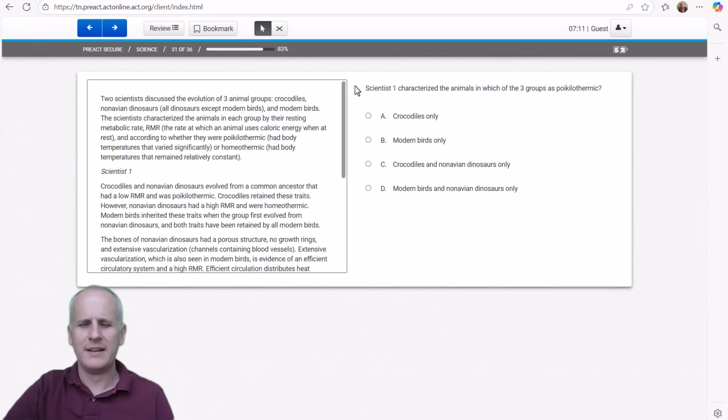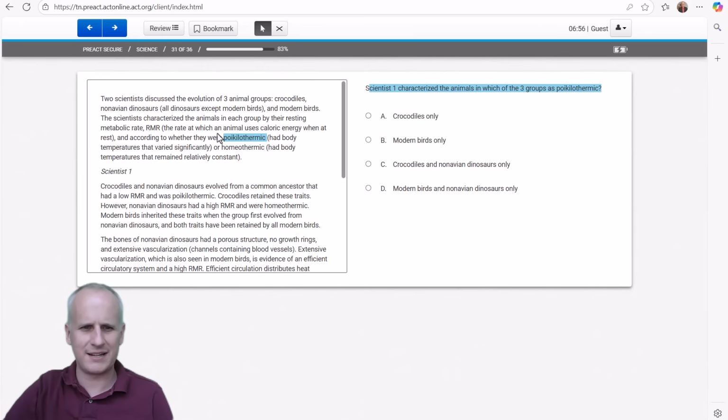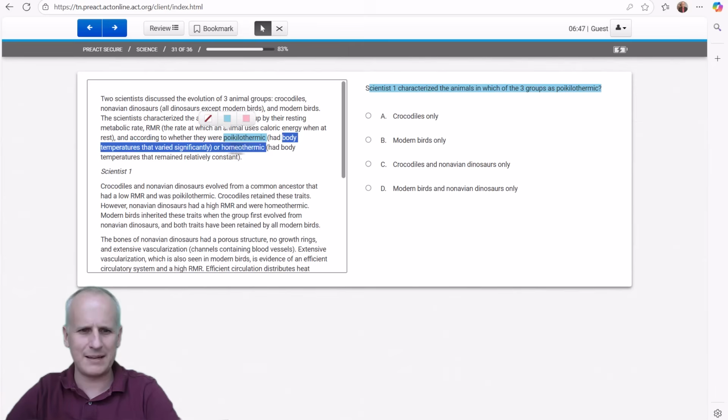Then we've got scientist one characterized the animals in which of the three groups as poikilothermic. I think that's how we pronounce that, but I'm not entirely sure. But I've got to focus on that, and I'm going to get this poikilothermic immediately highlighted. So the scientists characterized the animals in each group by their resting metabolic rate, RMR, and according to whether they were poikilothermic, which means that they had body temperatures that varied significantly, or homeothermic, had body temperatures that remained relatively constant.